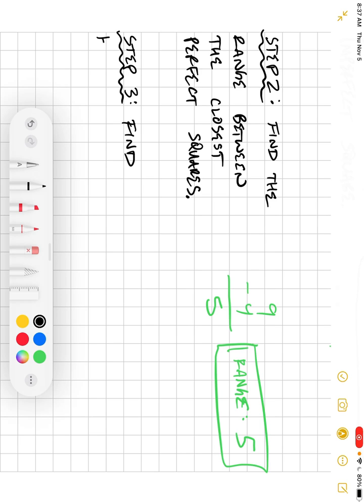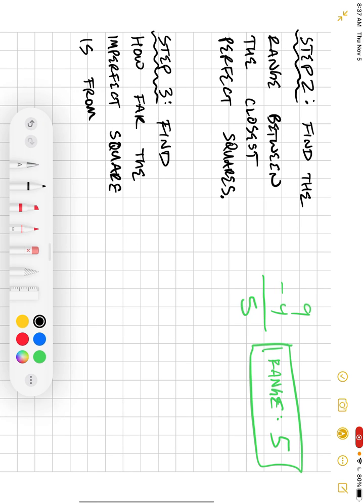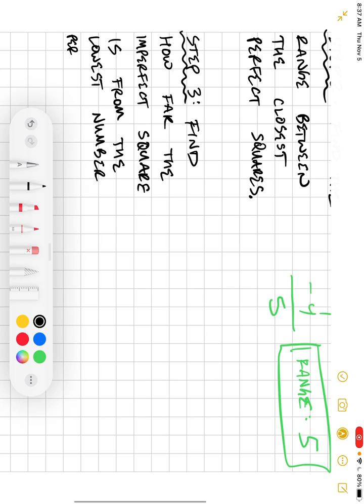Find how far the imperfect square is from the lowest number, or the lowest value would be another way to say that, perfect square.